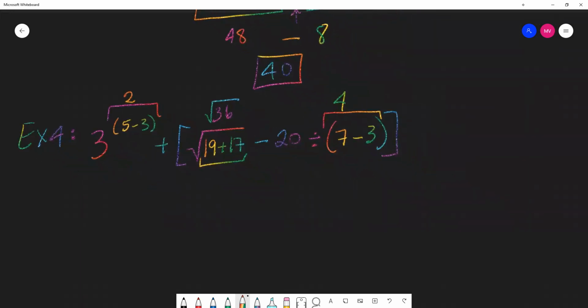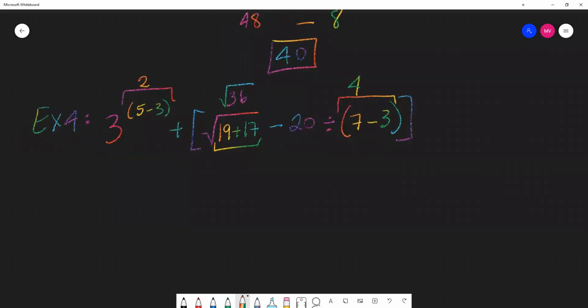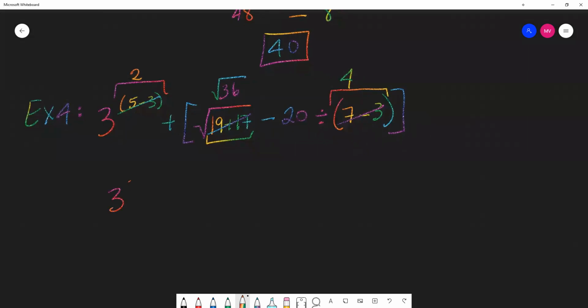All right. Glad to see we're all awake today. Okay, so let's simplify this and write it out. So we have 3 squared plus the square root of 36 minus 20 divided by 4. All right, what do we do next?